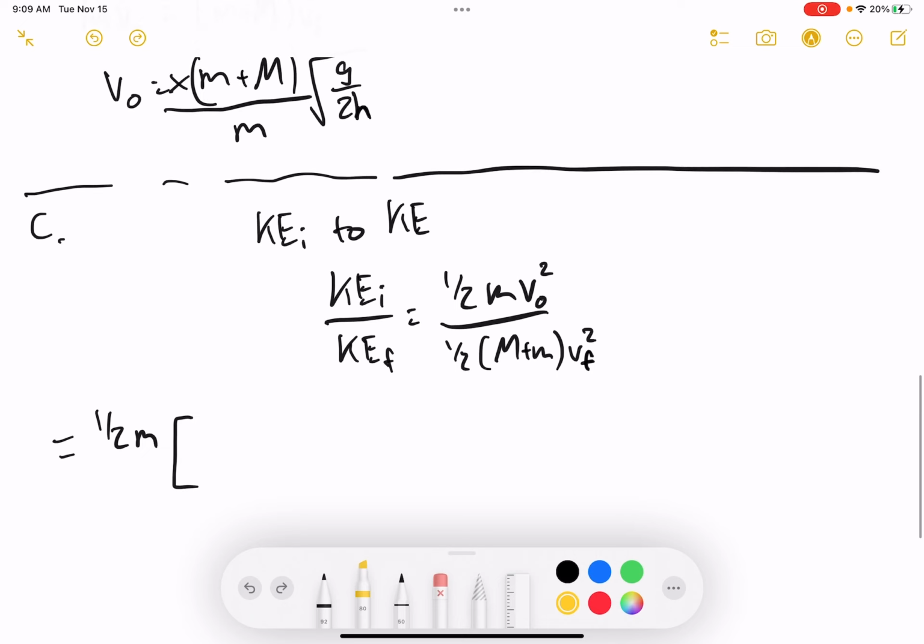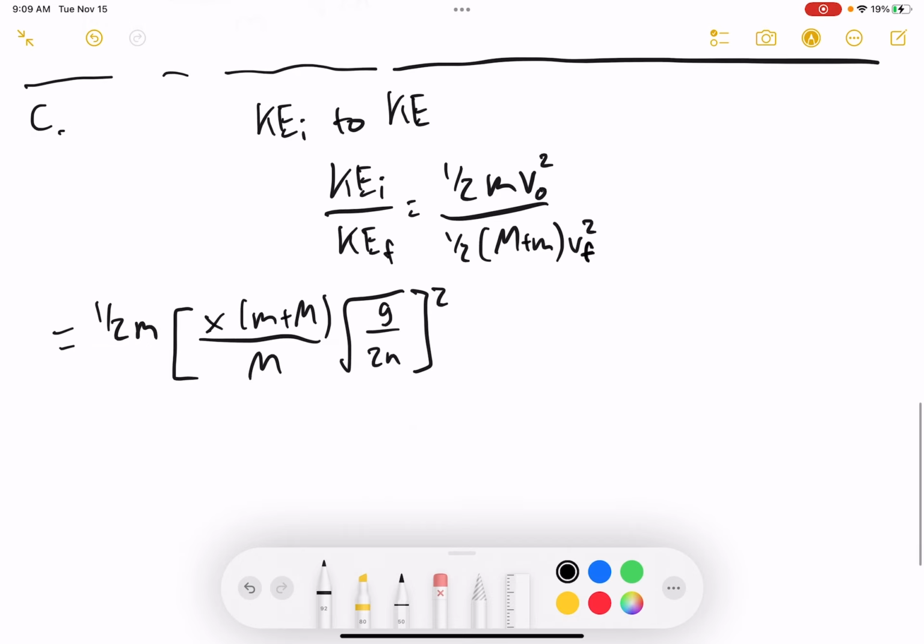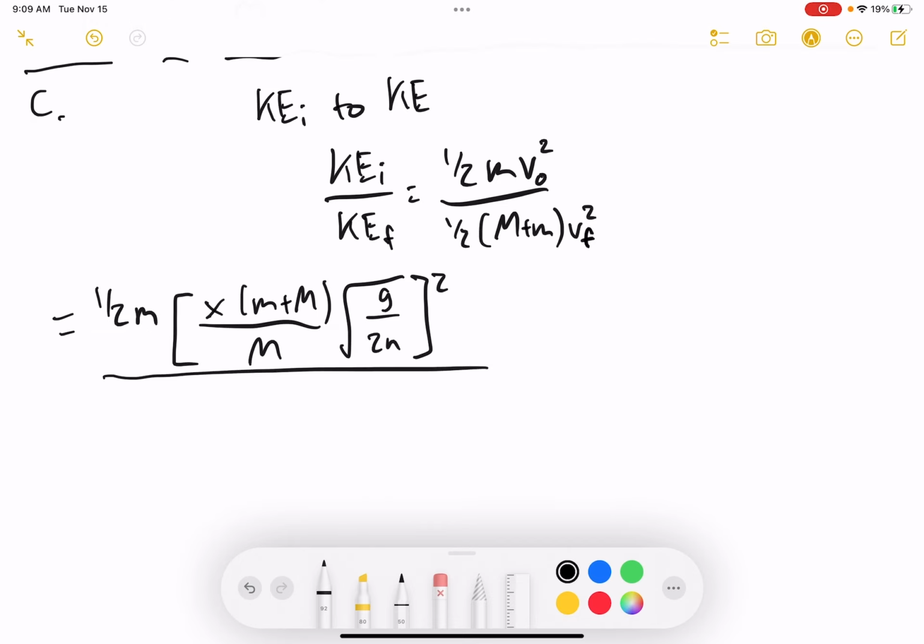So I have x, m plus M over m, root g over 2h, and that will all be squared. And then on the bottom here, I'm also going to have a 1/2. This is going to be an m plus M, and then I will have vf squared.